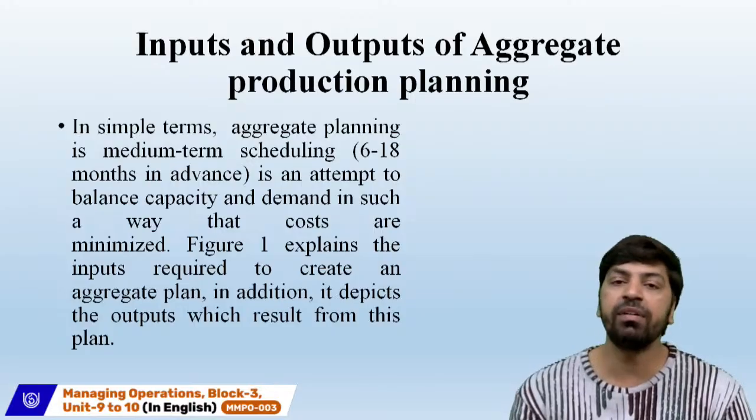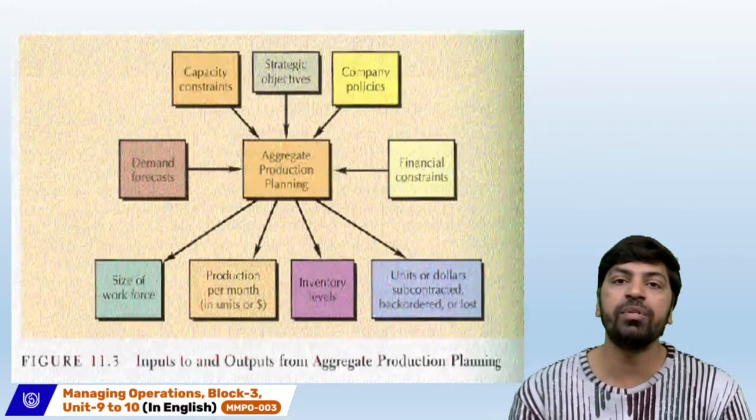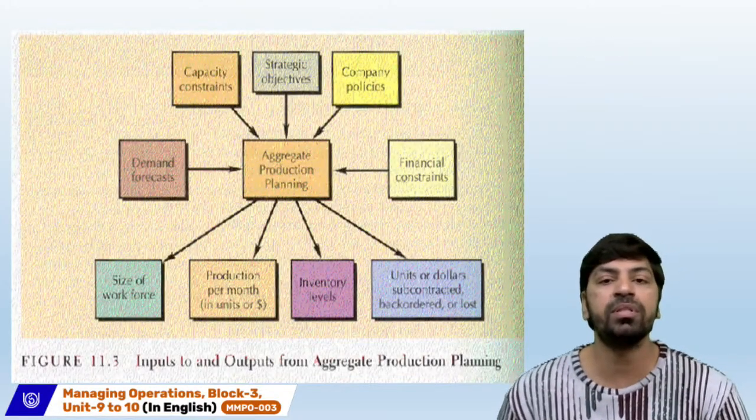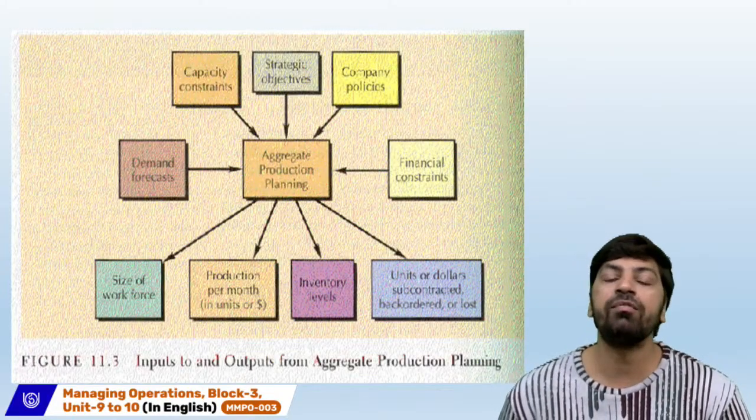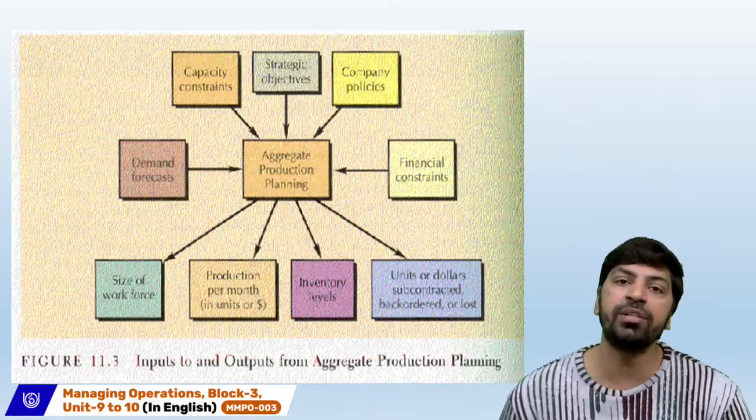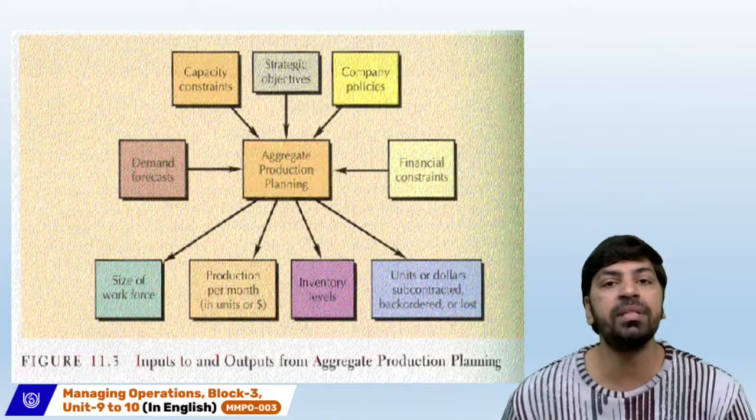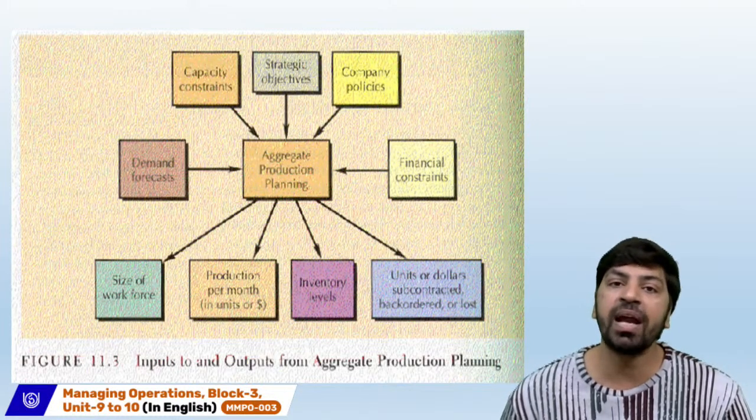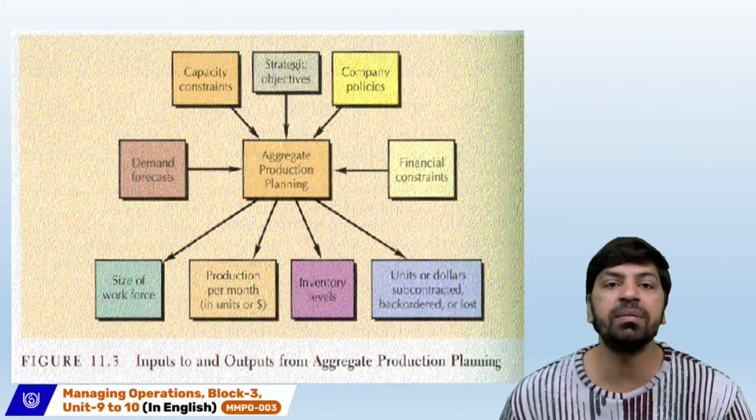So let's have an overview of inputs and outputs. These are the inputs and outputs which come up from the aggregate production plan. It could be the capacity constraint or strategic objectives, capacity policies.